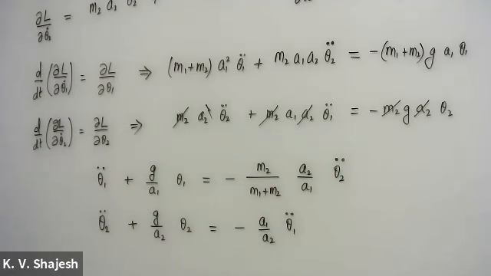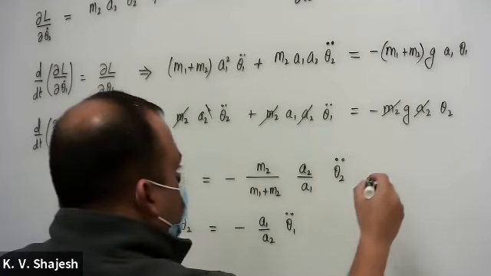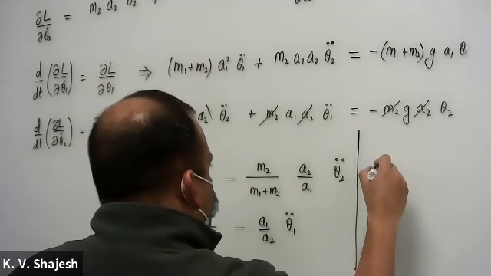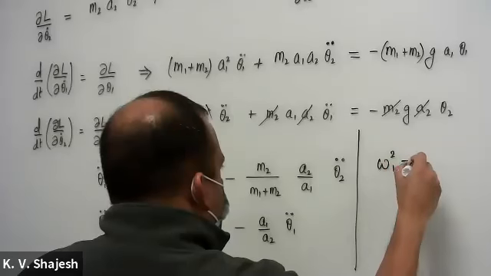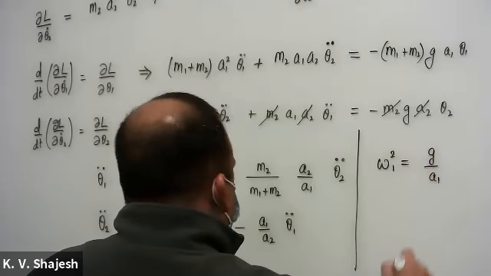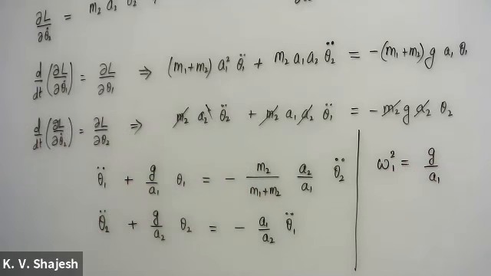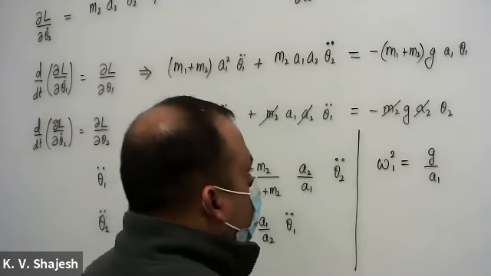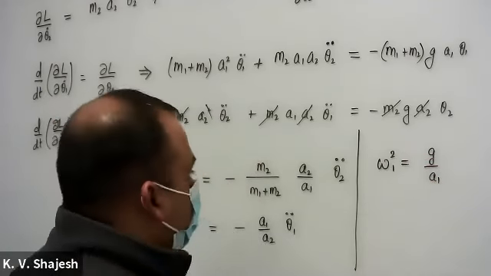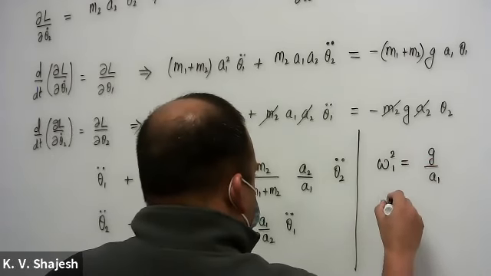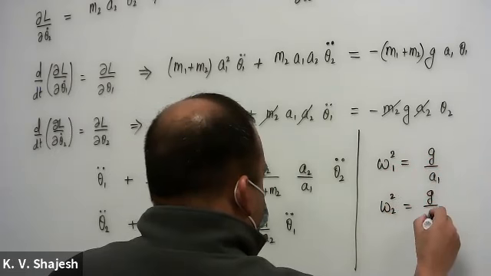This is very general. It is good to define some standard variables in here. So let's define G over A1, right? Let's say omega 1 square is equal to G over A1. That's the natural frequency of the first pendulum, just by the length of the pendulum. The second one, let's say omega 2 square is equal to G over A2.